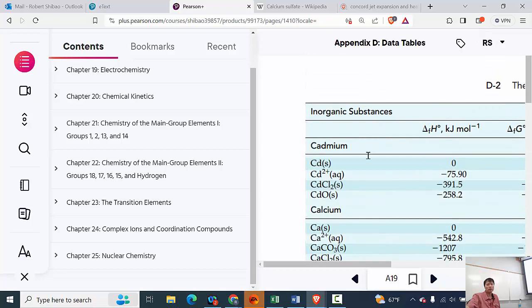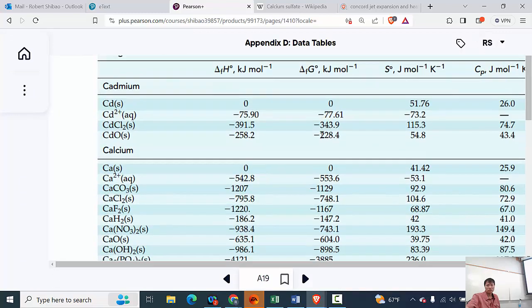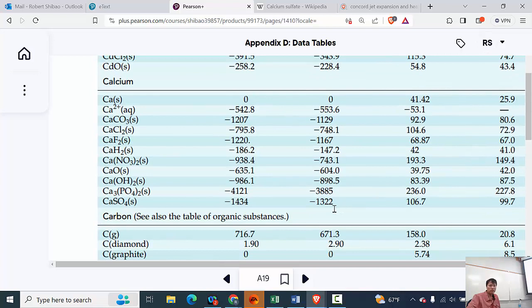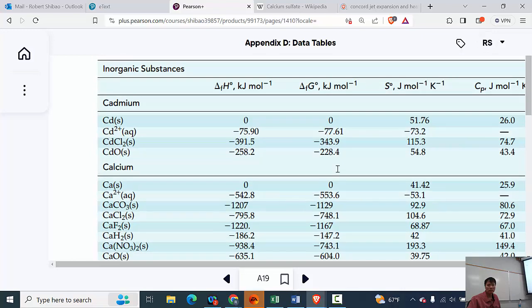So we have the delta H. Here's our delta G of formation, minus 1322. And then calcium is minus 542.8 here. And then we'll have to look for sulfate. And so minus 542. Oh no, I'm in the wrong column.